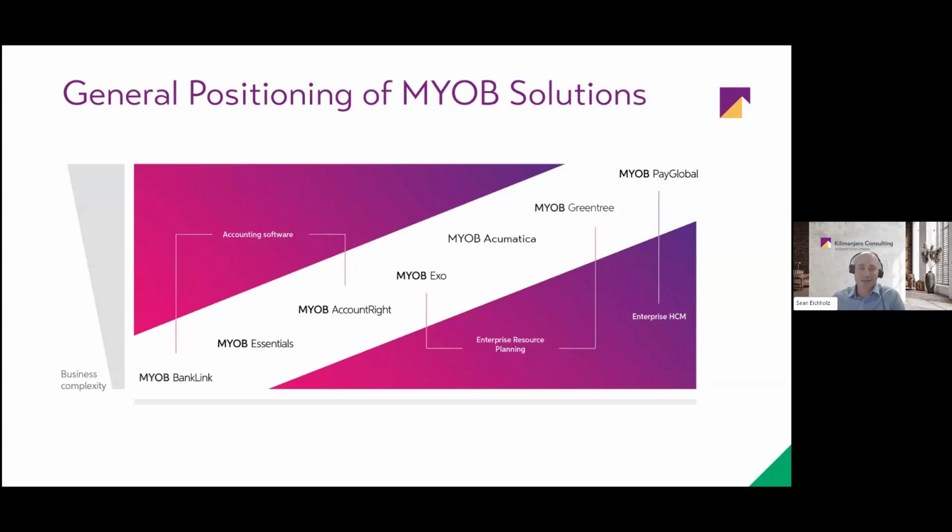MYOB loved the product, the technology, the company, bought 20% of the company at that time, and really have the rights in ANZ. They added a localization layer into the platform for GST tax and payroll. In fact, they built in payroll and workforce management, and MYOB Acumatica is probably the first ERP to market that contains all three of those components: ERP, payroll, and workforce management.